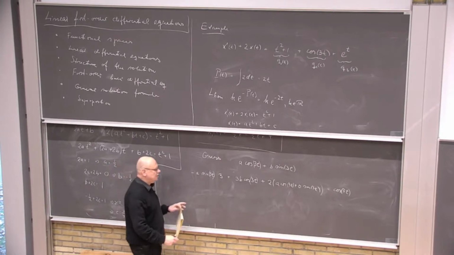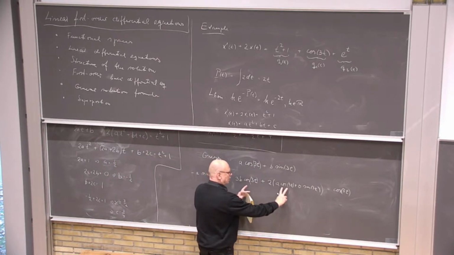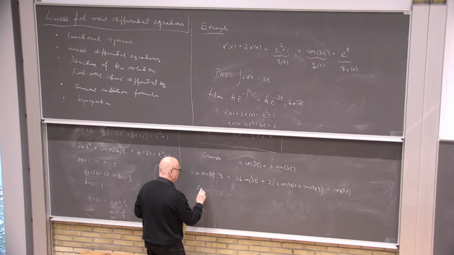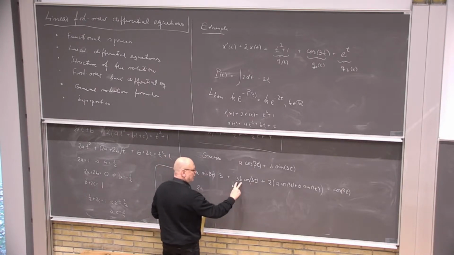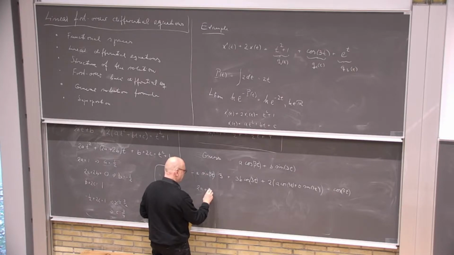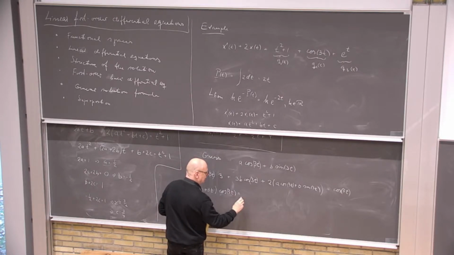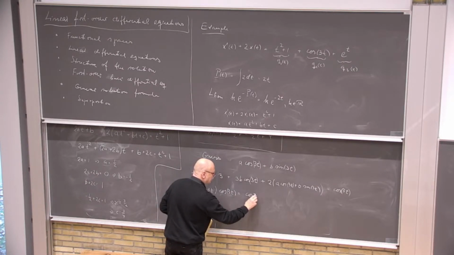So let me collect terms with cosine. You have 2a here, and then you have plus 3b. And this should be equal to cosine.